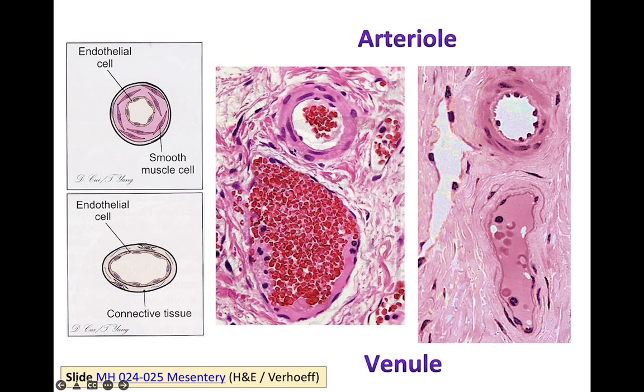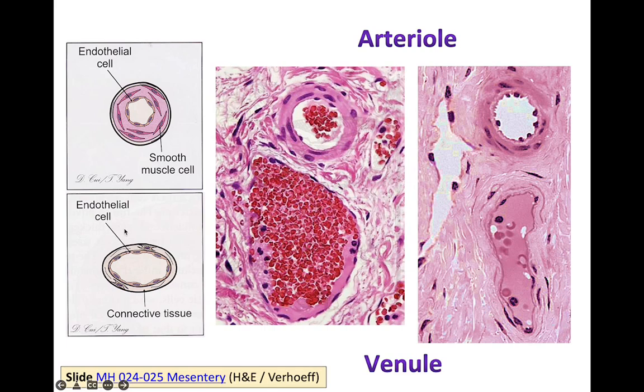So we can see it here. This is an arteriole, and this one is also another arteriole from another section. So they are composed of endothelium, then 1 up to 3 layers of smooth muscle, and adventitia or the connective tissue that blends with the surrounding structure.